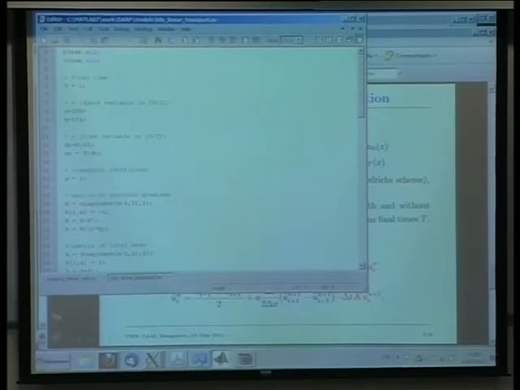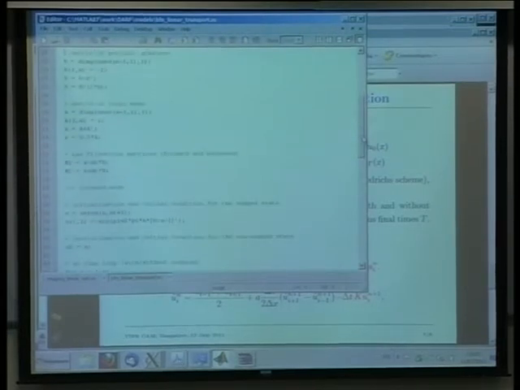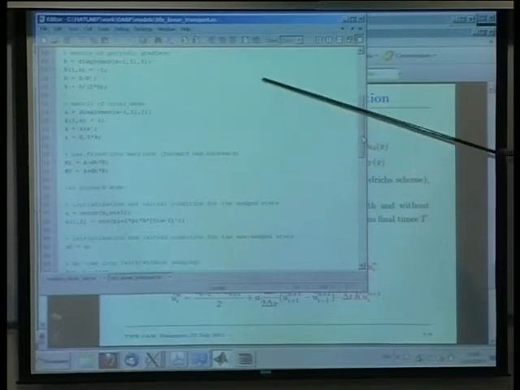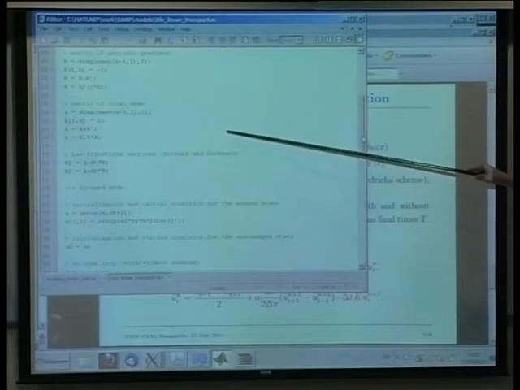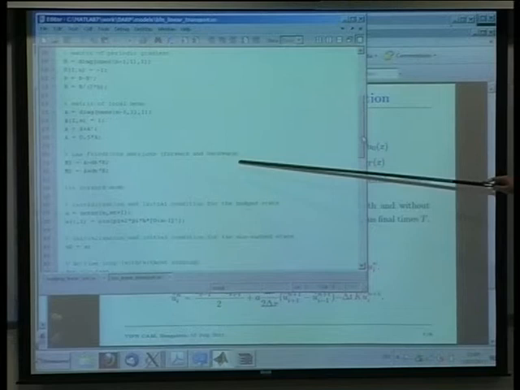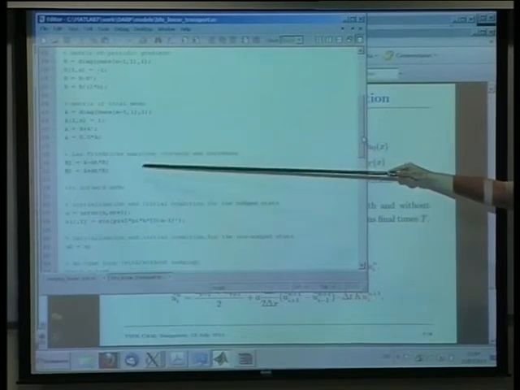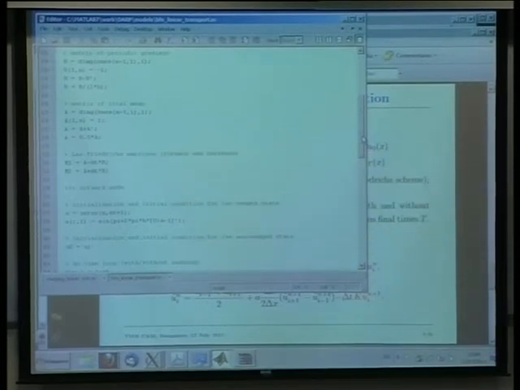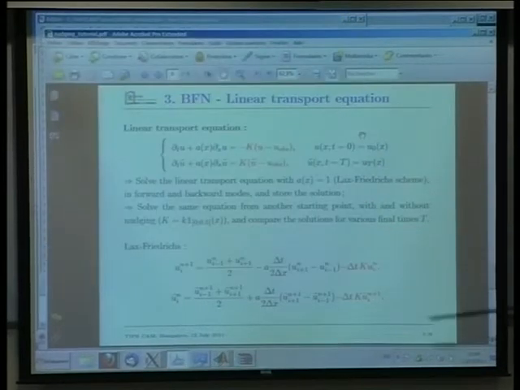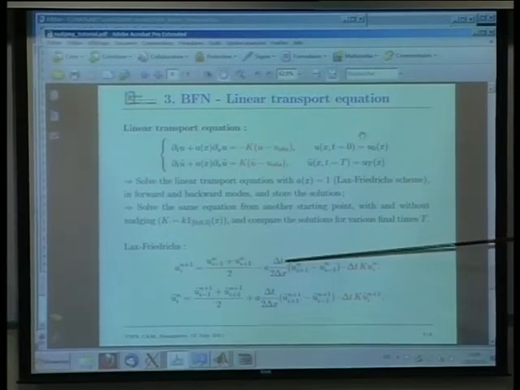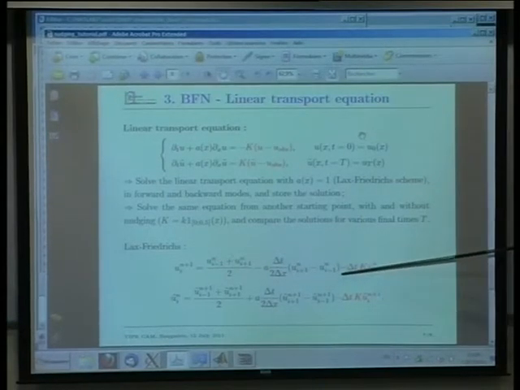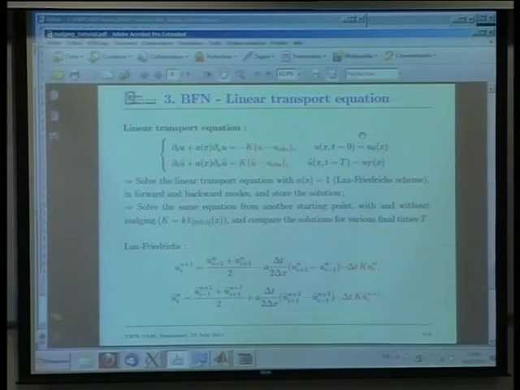So B is the gradient, A is the mean between the two neighbors, and the Lax-Friedrichs scheme is simply you apply A minus delta t times B to the solution un to get un plus 1.